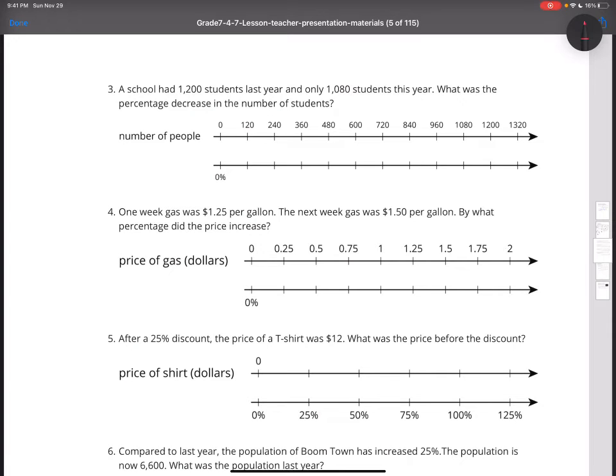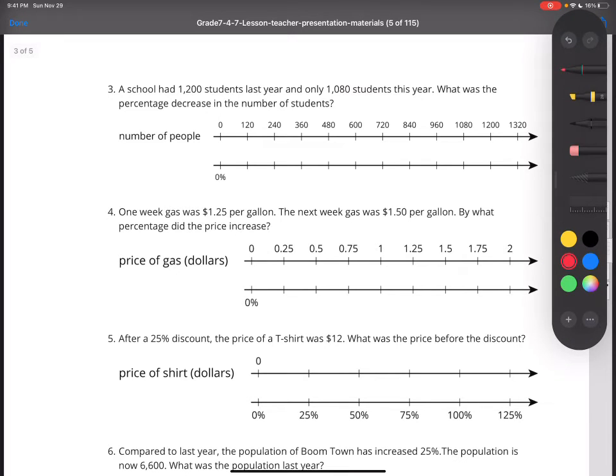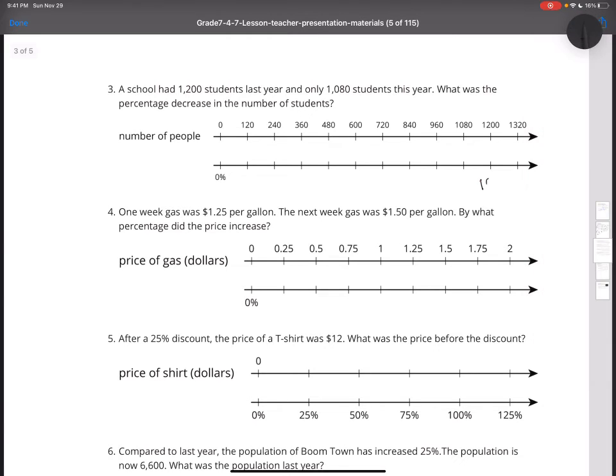This is a school had 1,200 students last year and only 1,080 students this year. What was the percent decrease in the number of students? Well, we know that this is 100%, correct? This is 100%.